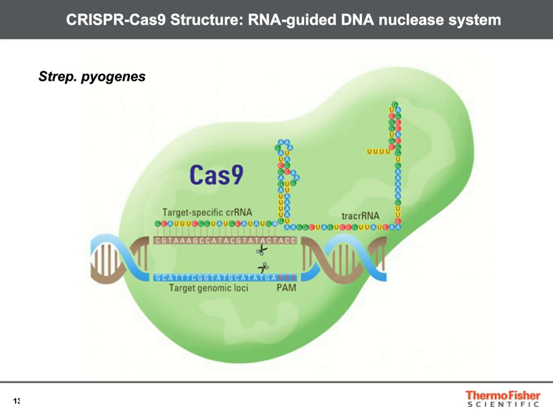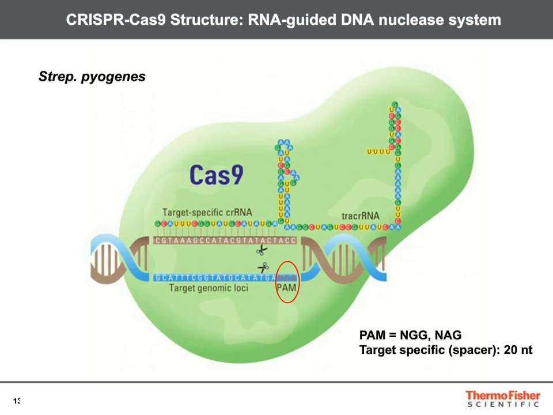So basically, when we complex this guide RNA with our Cas9 protein, it's thought that this complex then binds and tracks down the DNA until it arrives at what's called a PAM sequence. So a PAM sequence is a kind of street sign that indicates where a potential target locus can be for the CRISPR. And for the case of Strep pyogenes Cas9, the PAM sequence is NGG or NAG. So there's quite a bit of sequence space in there for it to work.